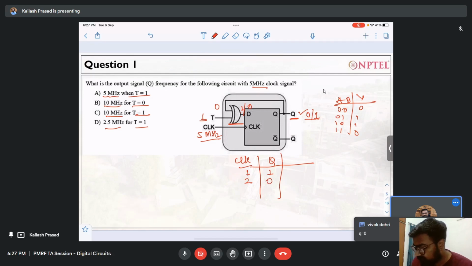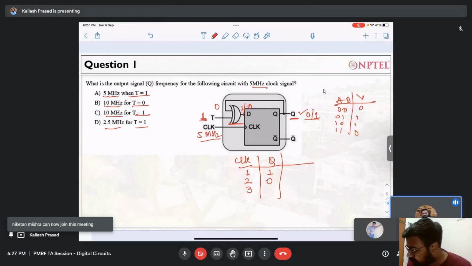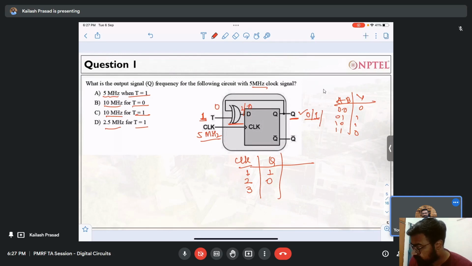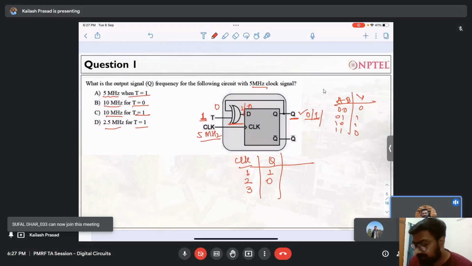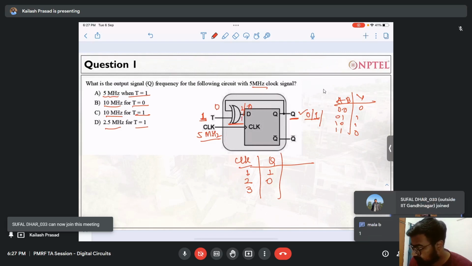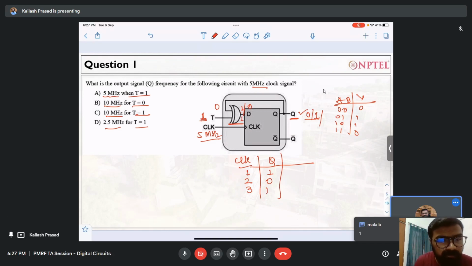Then in the third clock cycle, T remains 1, and Q being 0, it will become 1 again. So it will happen like this in every clock cycle: the node will start flipping.